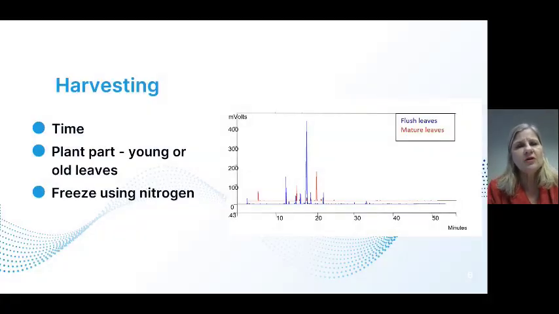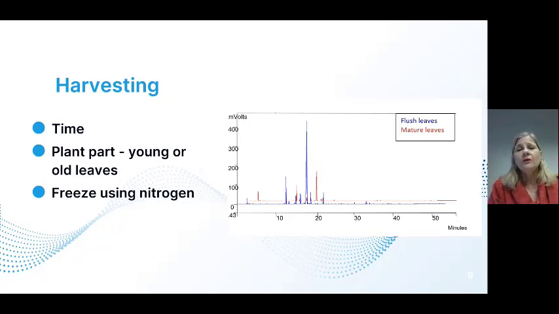So your first step would be harvesting. Once again, in a plant setup, what is important is the time at which you would sample your plants. You should know that there's a difference in the metabolites produced by a plant early morning, in the afternoon, and just before sunset.